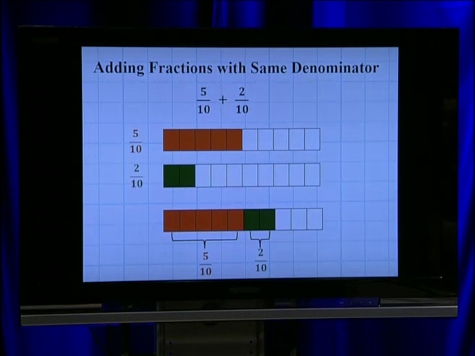And now let's count these parts all together. 1, 2, 3, 4, 5, 6, 7. So we have a total of 7/10. And the sum of these two fractions is 7/10. Did you understand this part?